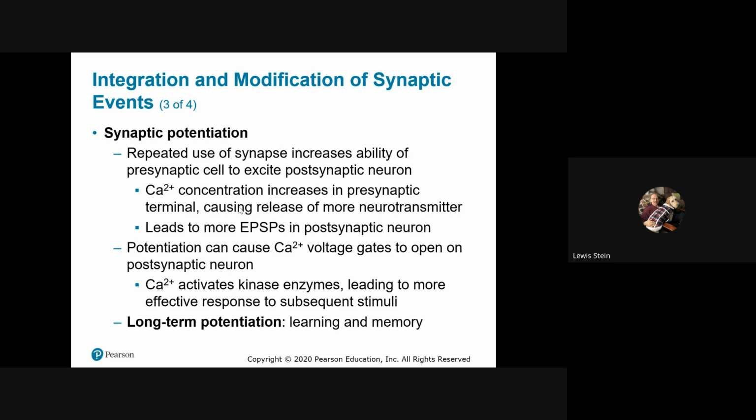By repeatedly using that circuit, okay, we increase the ability of that cell to be excited. Effectively, we're modifying its response to a typical amount of neurotransmitter.